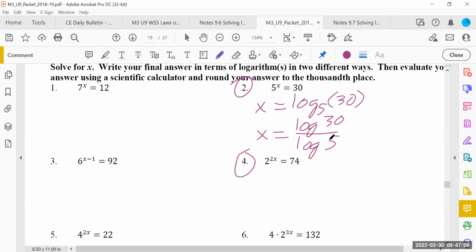Anybody get a decimal approximation? What's the decimal approximation for this? 2.113. Anybody confirm that? Get the same thing? Anybody get something different? To make sure it makes sense, 5 squared would be 25, and 30 is a little bit more. That is in the right realm of answers. So I think we're good.